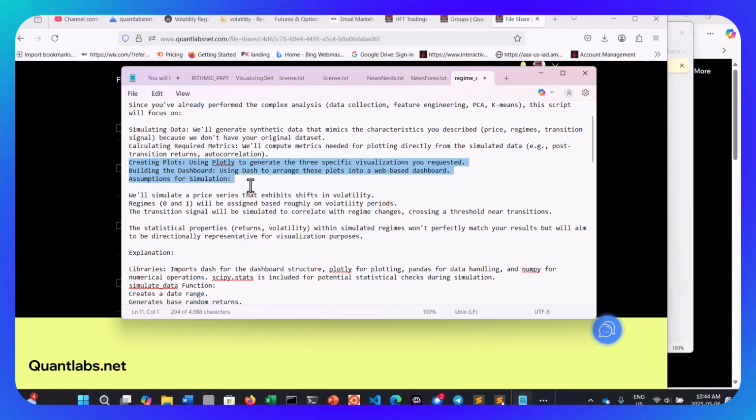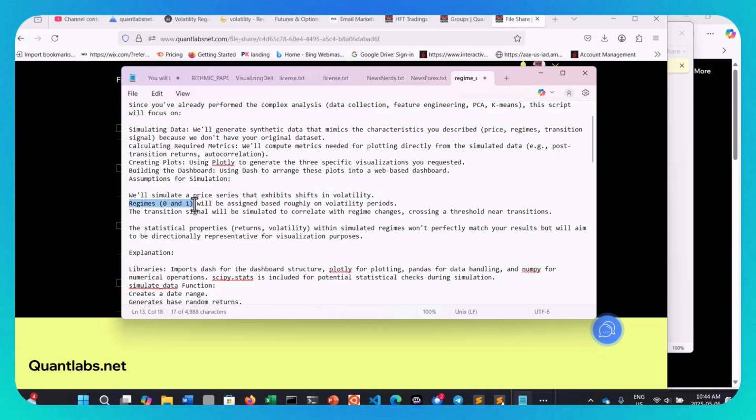So here we're using two Python packages, Plotly and Dash. And what we're doing here is simulating a price series that exhibits shifts in the volatility. Again, it's simulated, so we have here regime 0 and 1, assigned roughly in volatility periods.